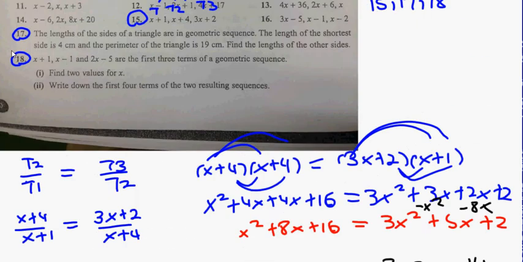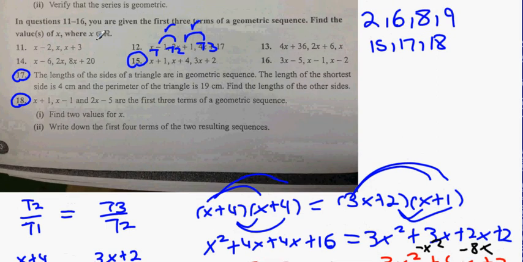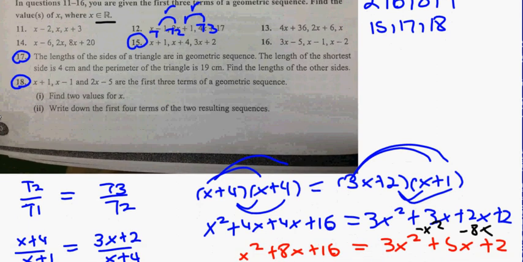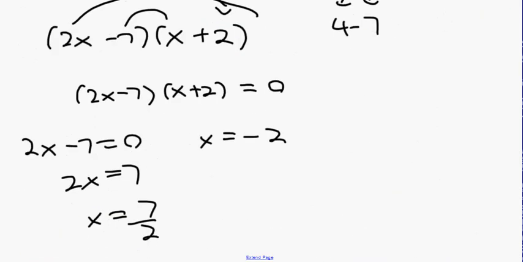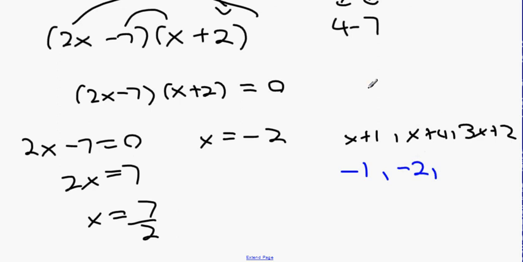Now we're not told anything about them in particular. They're both elements of R, so there are two different sets of terms we could have. It's going to be x plus 1, x plus 4, and 3x plus 2. So if x equals minus 2, the first is minus 1. The next one is going to be 2, because minus 2 plus 4 is 2.